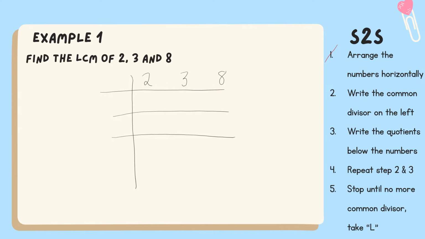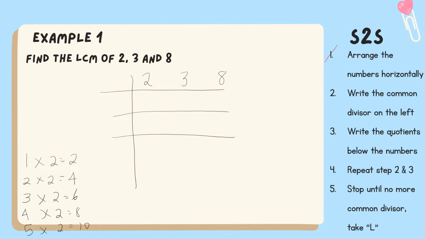So let's start off with listing out timetables 2. 1 times 2 gives us 2. 2 times 2 gives us 4. 3 times 2 gives us 6. 4 times 2 gives us 8. 5 times 2 gives us 10.